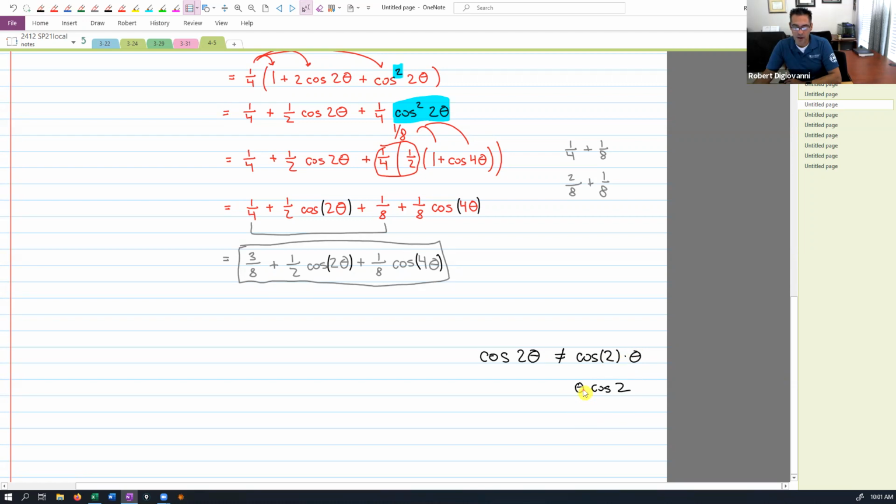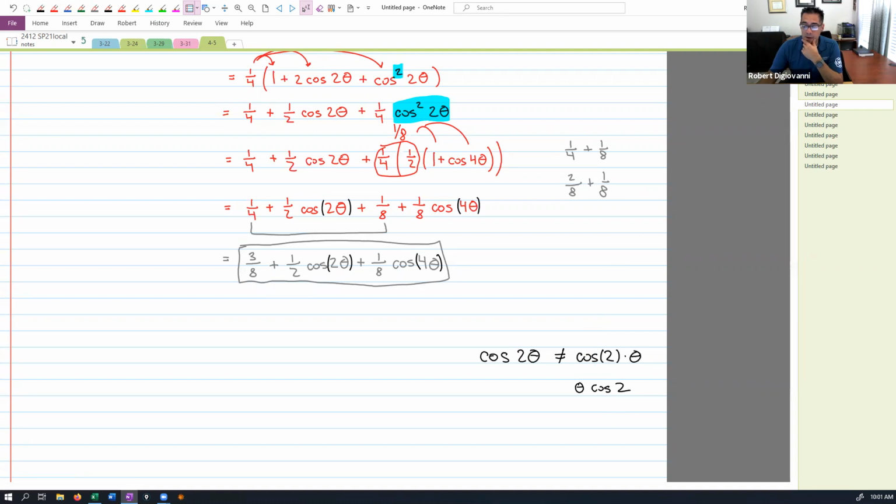I would put the theta here and cosine of 2 here, and then you know the theta is not part of the 2. So in the way I write it, I make sure there's no confusion. If I meant this and I wrote that, then that's really bad. A good mathematician would write this so that there's no confusion. I'm not making a case for it being correct to not put parentheses. I'm just showing you why logically it's okay in calculus, I guess.